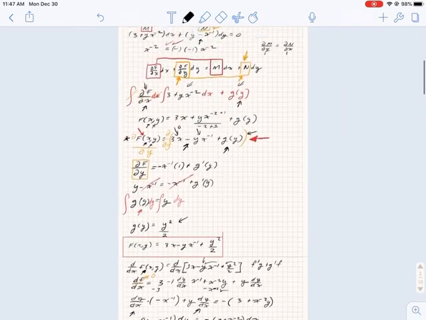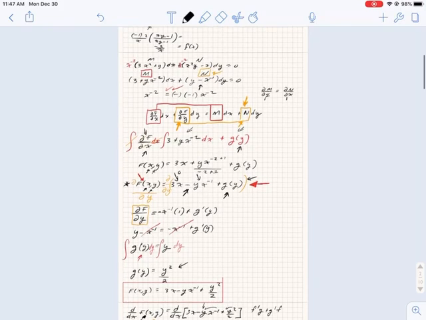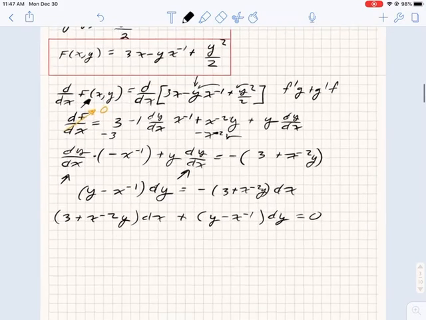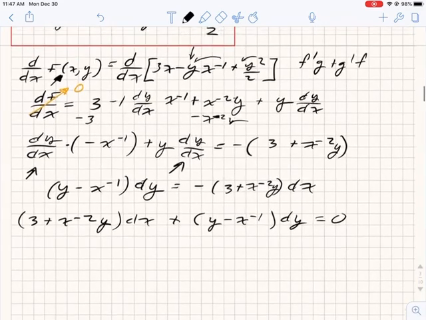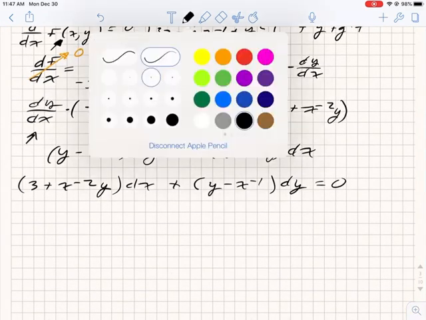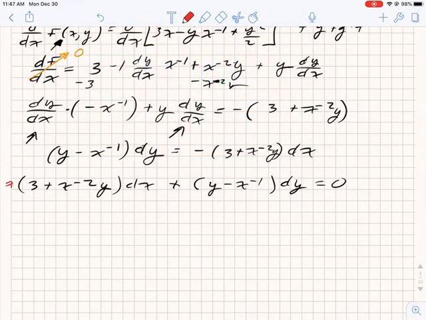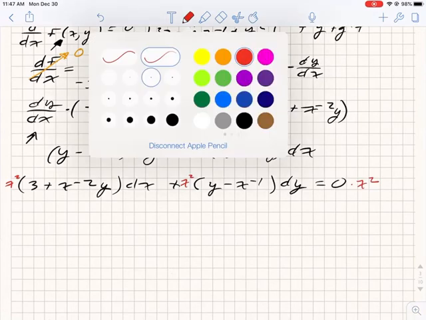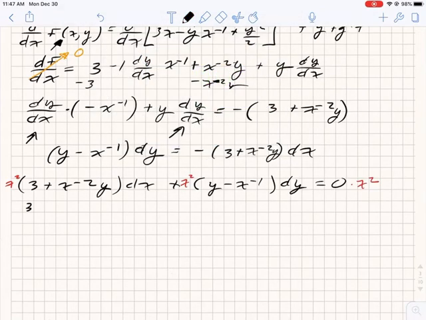Now remember what we multiplied this function by? We multiplied it by x to the negative 2. So we're going to remove that x to the negative 2 by doing the opposite, by multiplying x squared on both sides.